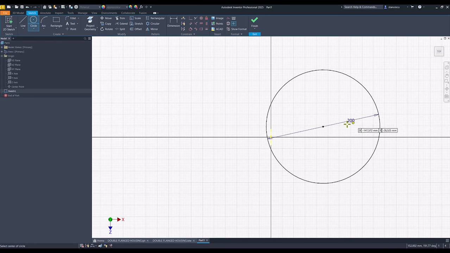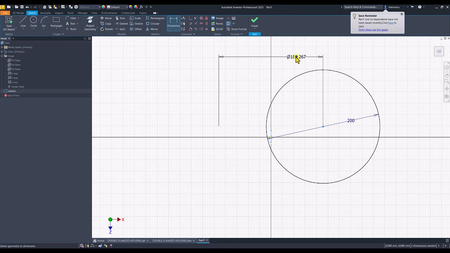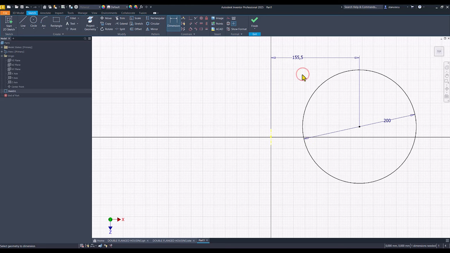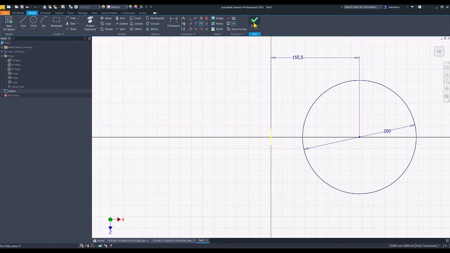The distance between the axis and the circle is 155.5, as I said, and it is placed on the same horizontal with a center point.